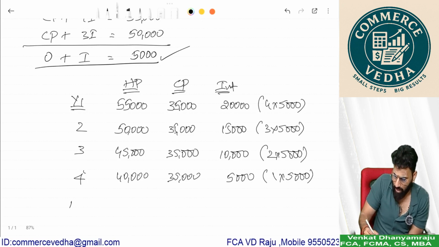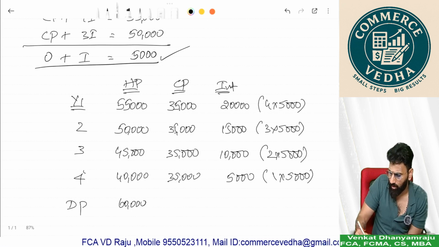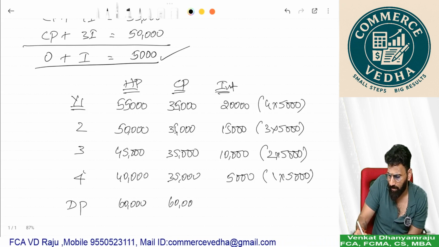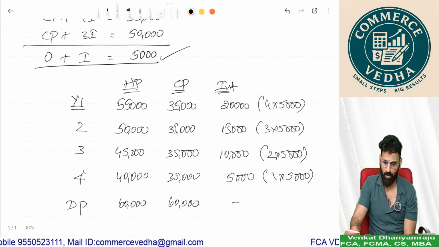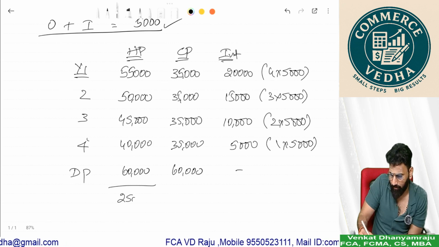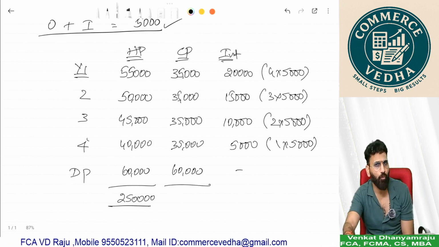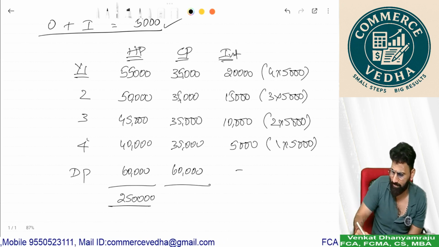Now if I add my down payment of 60,000, there is no interest on the down payment. So my hire purchase price is 2,50,000. My cash price is 35 into 4, 140, plus 60, 2 lakhs.